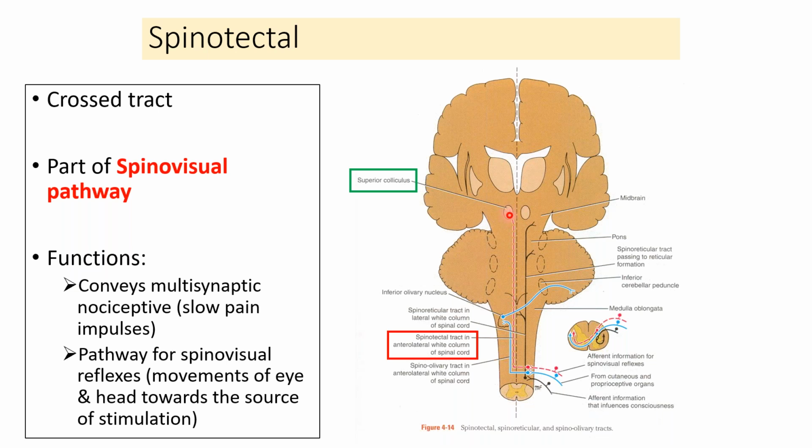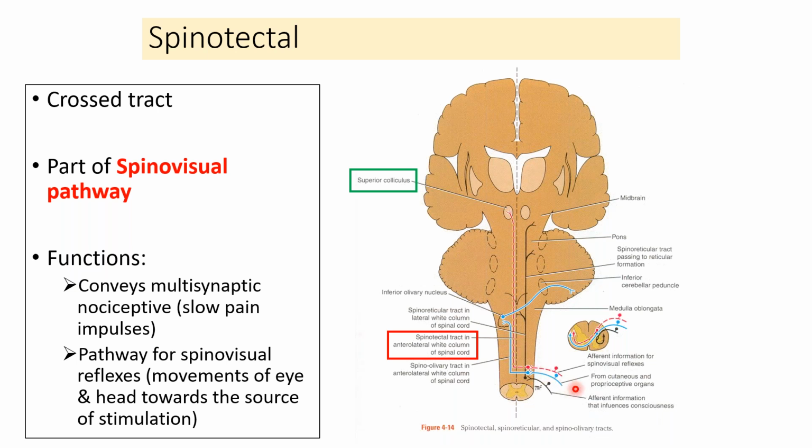It helps in certain reflexes which lead to movement of the eye and head towards the source of stimulation. When there is any source of stimulation, reflexly your eye and head also turn towards the same side. This is done by the spinotectal tract.